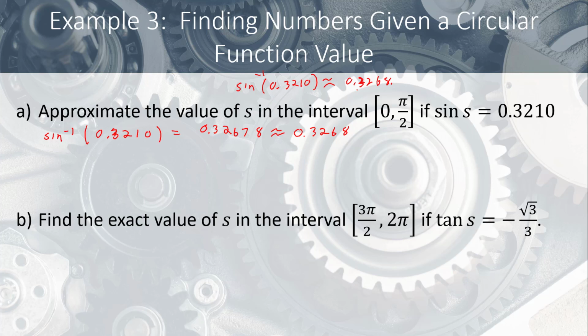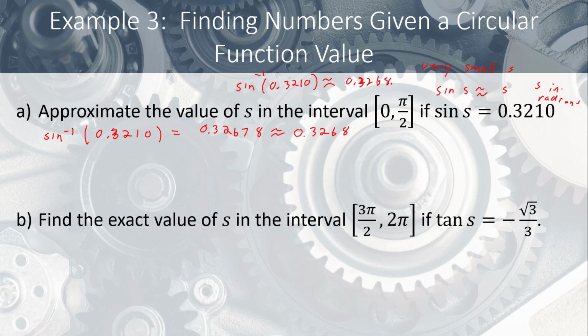Notice that they are very, very close. As a matter of fact, the smaller s becomes, the closer the sine of s equals s. So for very small s, we actually have that the sine of s is approximately s, but only when s is in radians.